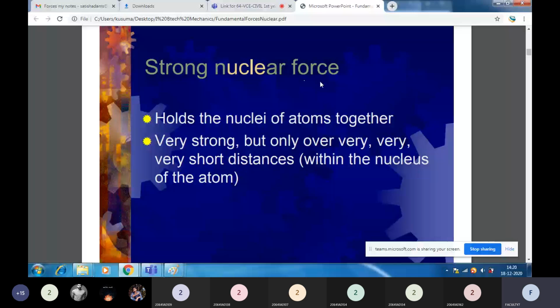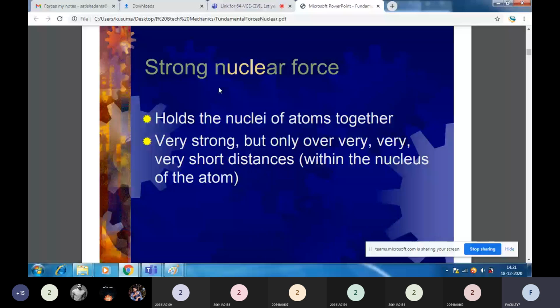If you take a metal, let us take iron. How the iron piece is strong depends on the amount of nuclear force that is available inside the atom. That is why we are considering the nuclear force as the strongest force among all the four.